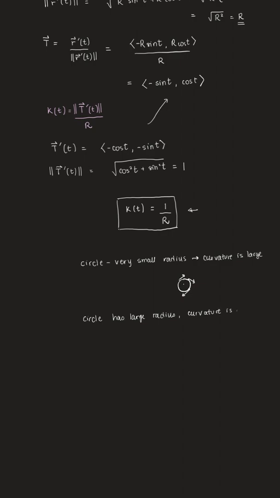And that makes sense because if I have a very, very large circle, the unit tangent does not change as quickly. So the curvature of a circle is 1 over its radius, and lines have no curvature.